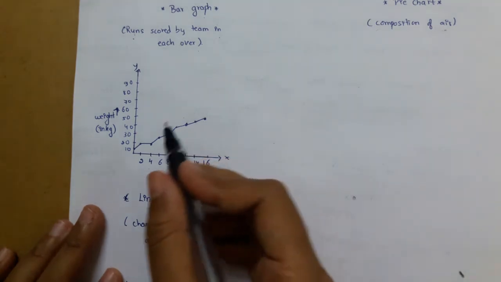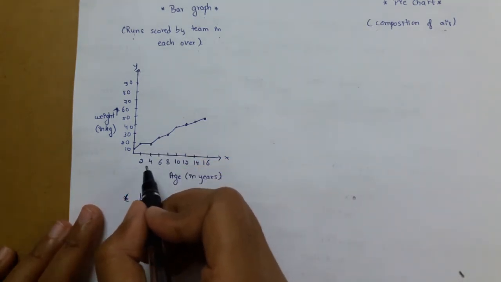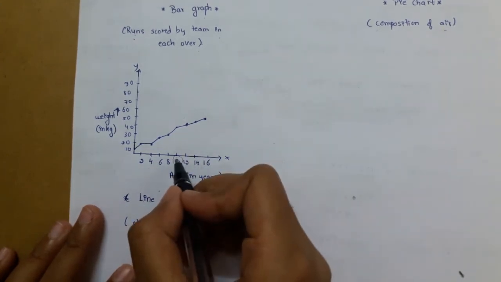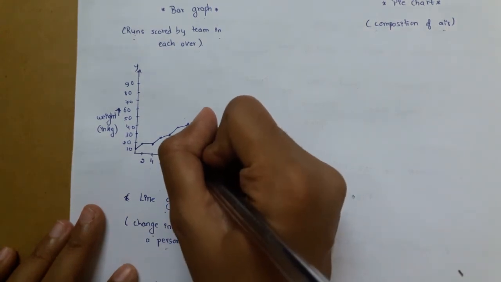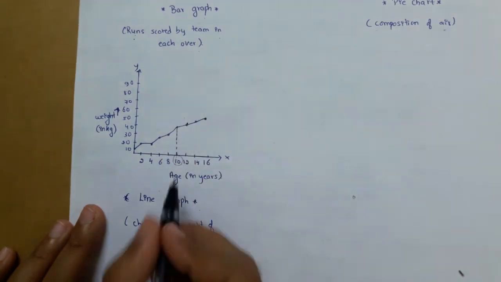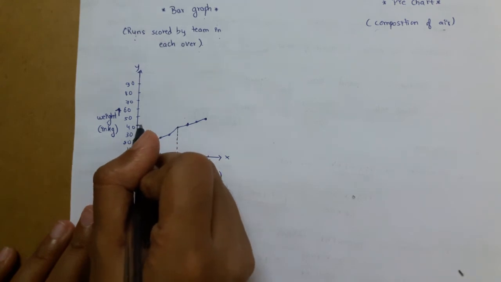So from this chart, how do we read this graph? You can see what his weight will be when the person is 10 years old. So let's draw a dotted line. It reached here, and now draw a line this side.